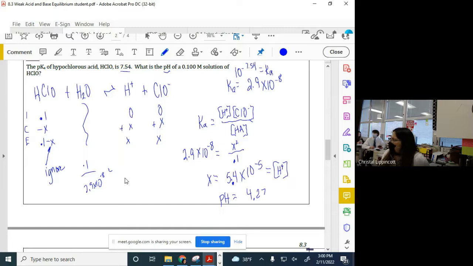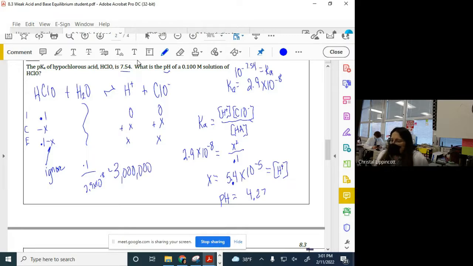So when should it ignore the x? If you take your initial amount here and divide it by your Ka value, or your K value for whichever you're working in, if that is greater, so this ends up being 3 million-ish, like it's in that range, okay?